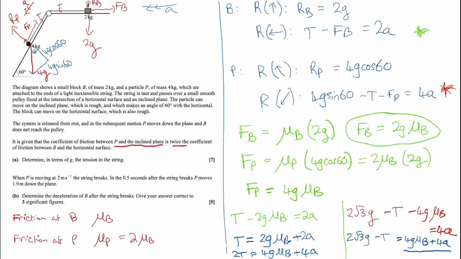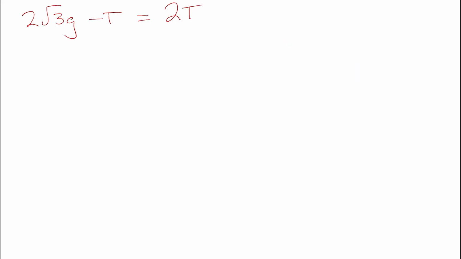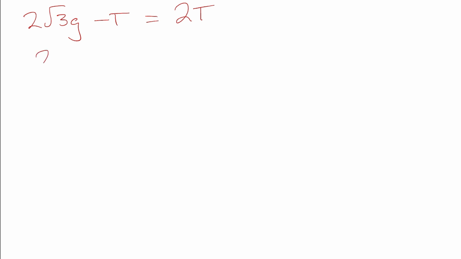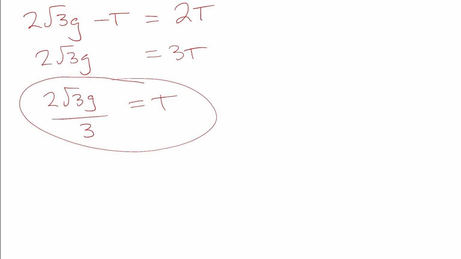Okay, and that's again because this here is just the same as 2T. Right, add T to both sides and we get 2 root 3 G equals 3T. And then divide both sides by 3, we get 2 root 3 G over 3 equals T. And that is our tension in the string there. Okay, so I hope that helps for part A. Let's move on to part B.